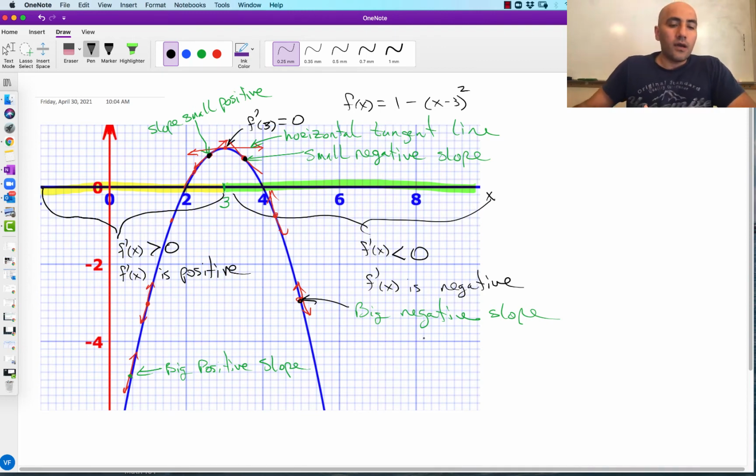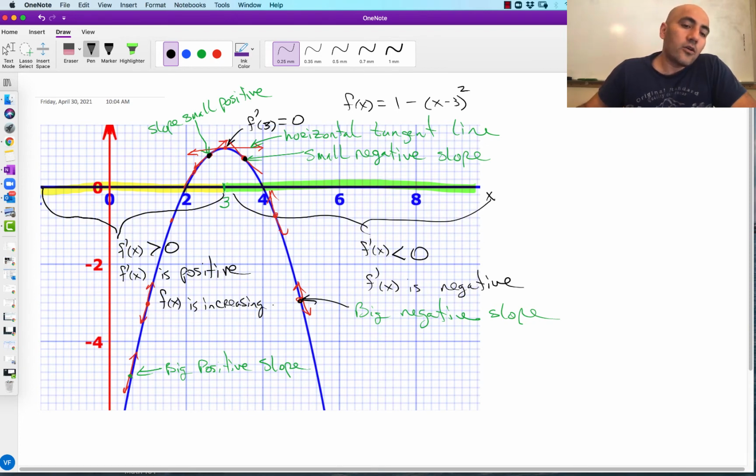Okay, so what we want to get out of this is that whenever the first derivative is positive, greater than 0, look what's happening to our underlying function. Our underlying function is increasing, right? It's getting bigger. So when f prime of x is greater than 0, I can conclude that the original function f of x is increasing.